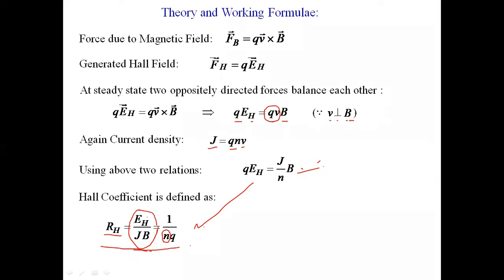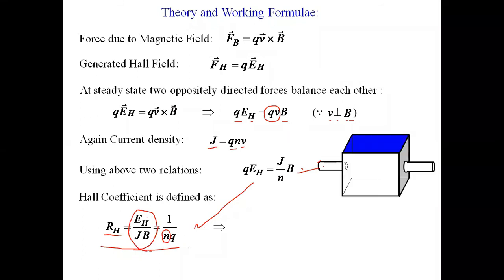How will you determine it? Let's see. First, you need to find the Hall field EH, that is the electric field due to the Hall effect. Instead of finding the electric field, it is easier to find the potential difference between two points.